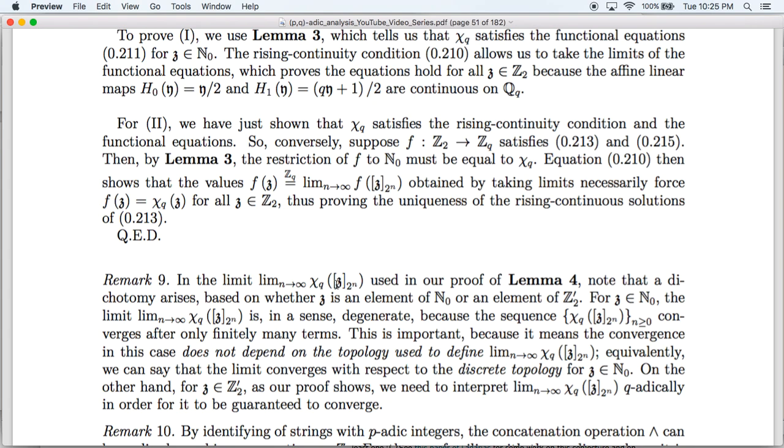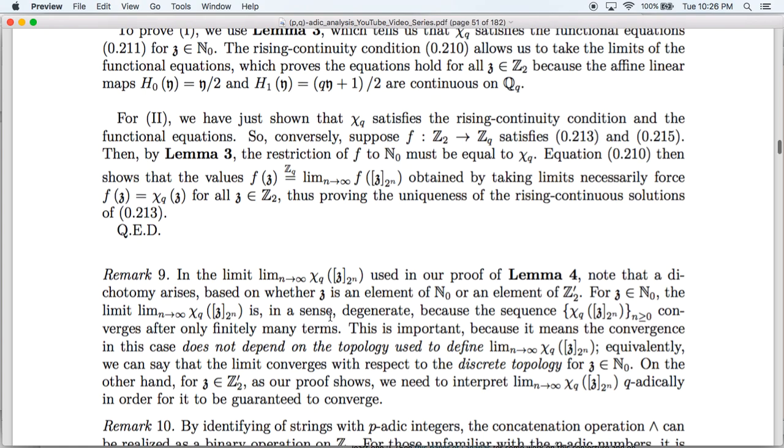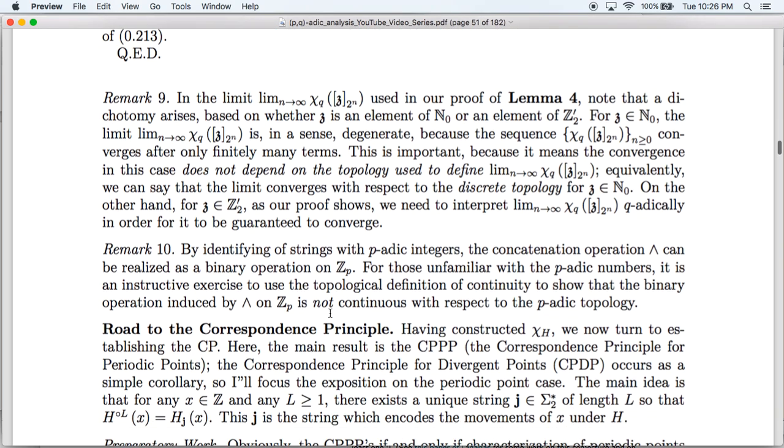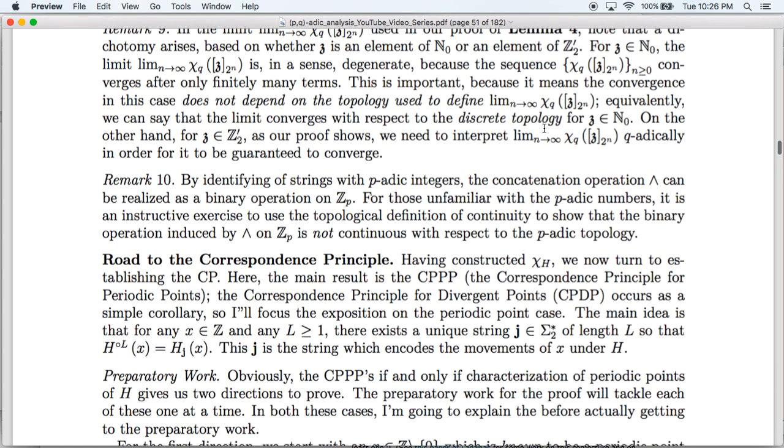On the other hand, if z is in Z_2', the topology only works if we choose the q-adic topology. So this is frames showing themselves before we've done anything anywhere. And so now we have the road to the correspondence principle.